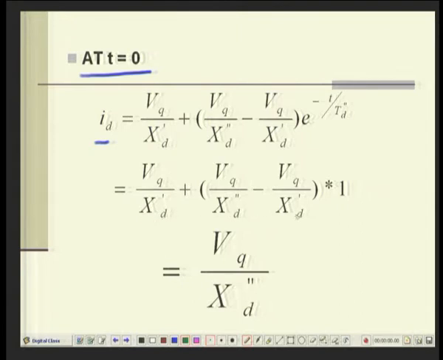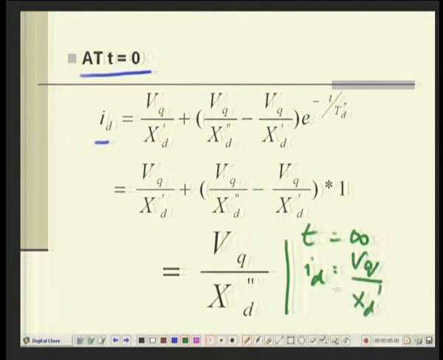At t equal to 0 is one thing, at t equal to infinity, what is ID under this expression? VQ by XT dash. So, it will die down from VQ by XT double dash to VQ by XT dash, right.